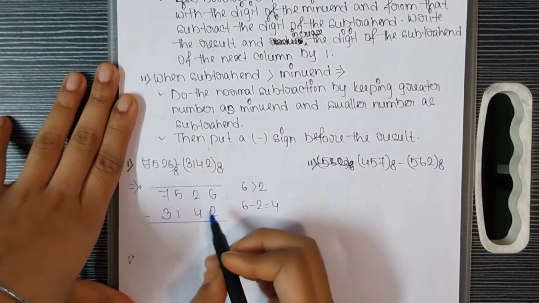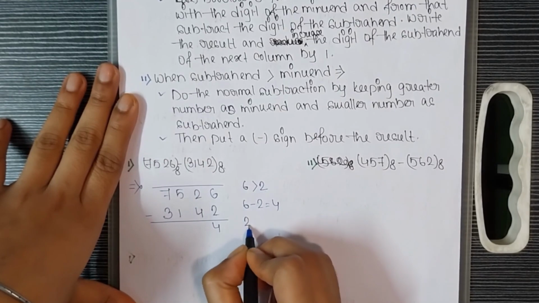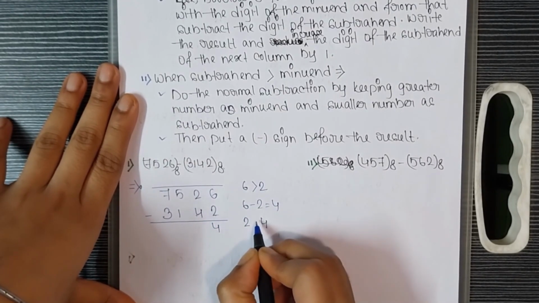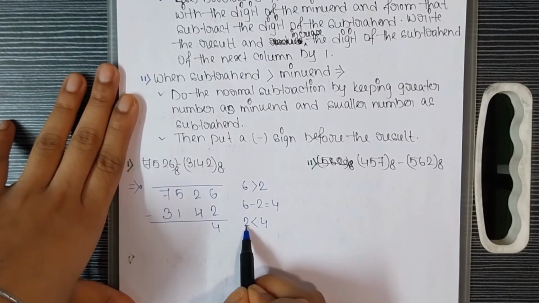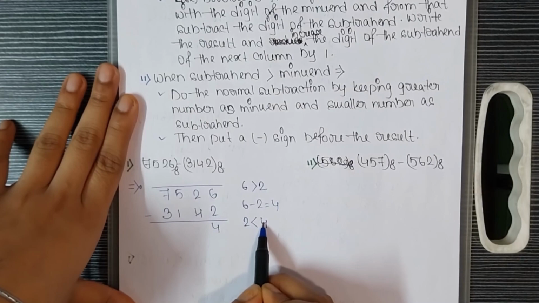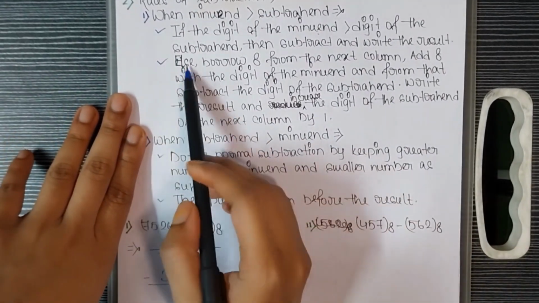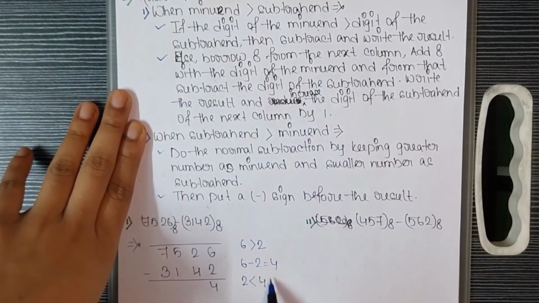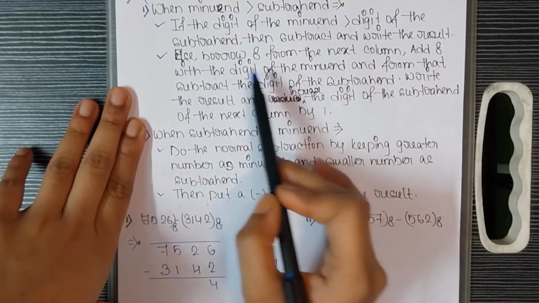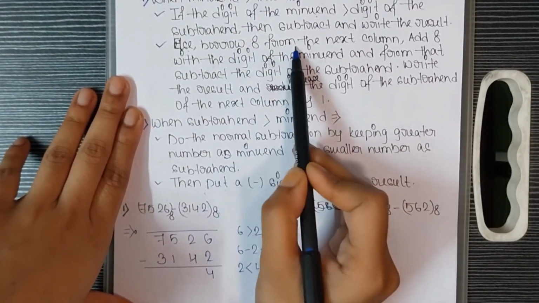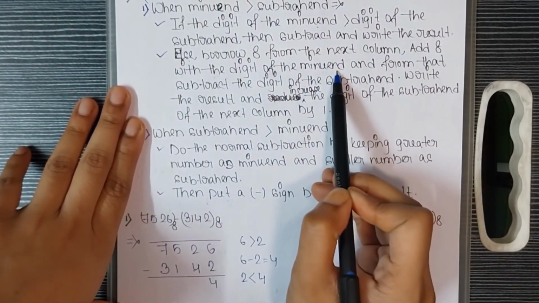Now in the second column the digit of the minuend is 2 and the subtrahend is 4. So this is a different case. Here the digit of the minuend is less than the digit of the subtrahend, so we have to follow the next rule. Else, that is, the digit of the first number is less than the digit of the second number, we have to borrow 8 from the next column and add 8 with the digit of the minuend.